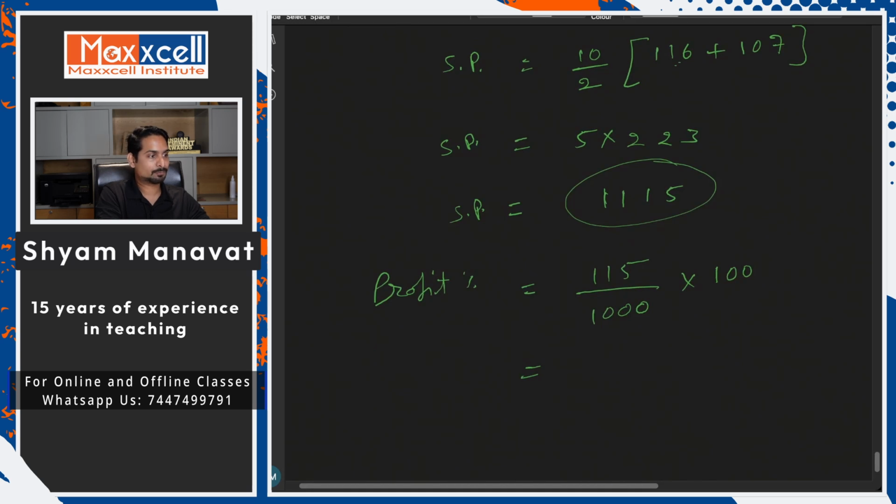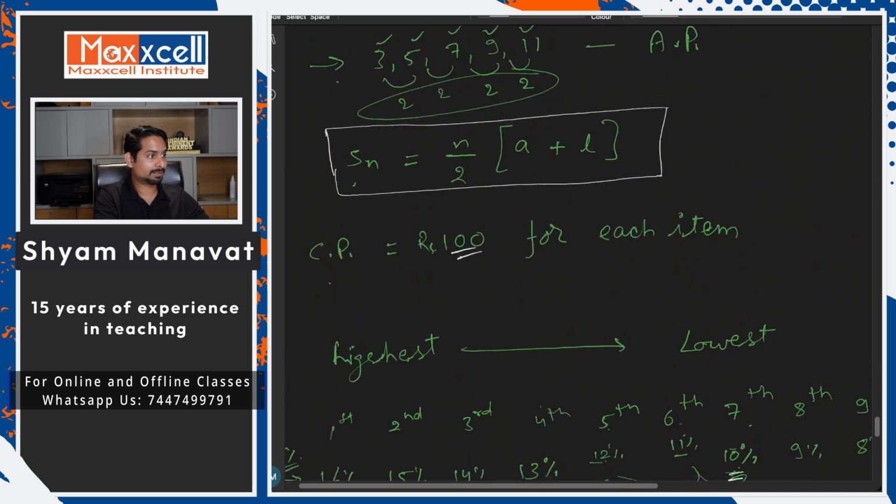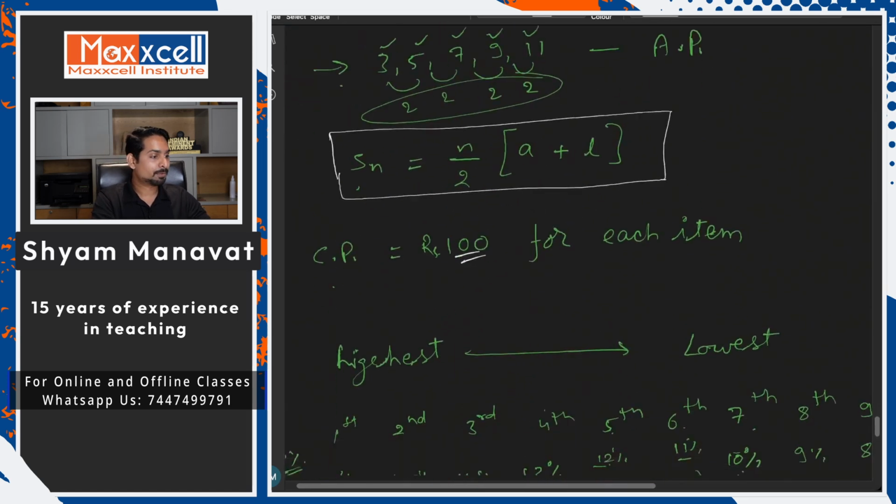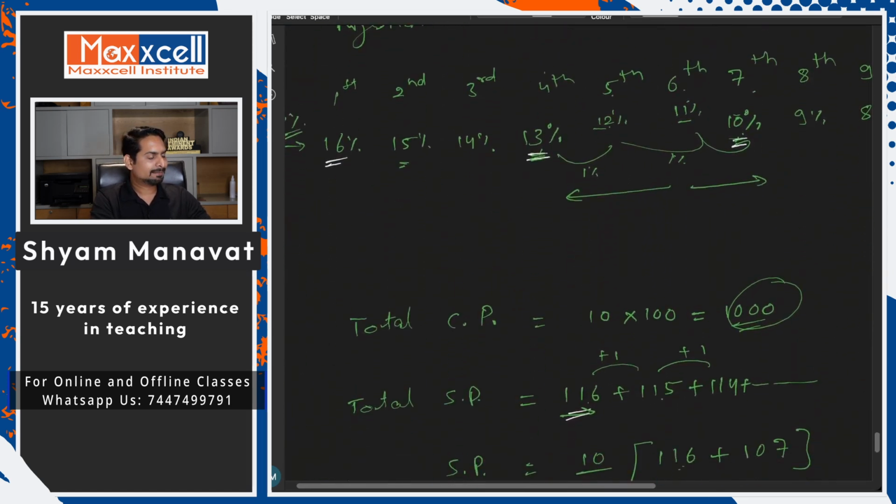Simplify this. What you get? 11.5% profit percent. Overall profit percent, 11.5%. Do you have it here? Right, that's there. Option number A. That's the answer.